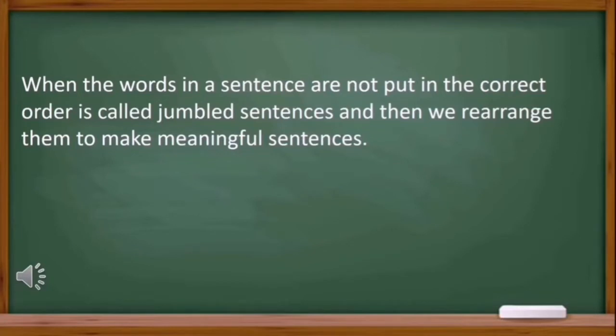So basically, in your question paper there will be some words in a sentence, but they will not be in the right order. Your task is to put them in correct order and make perfect sentences. So this is actually called rearrangement. Hope you understood.